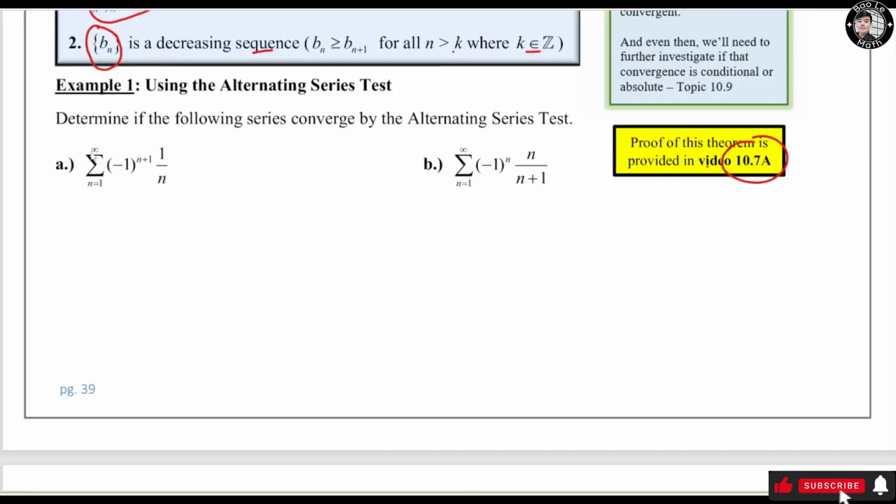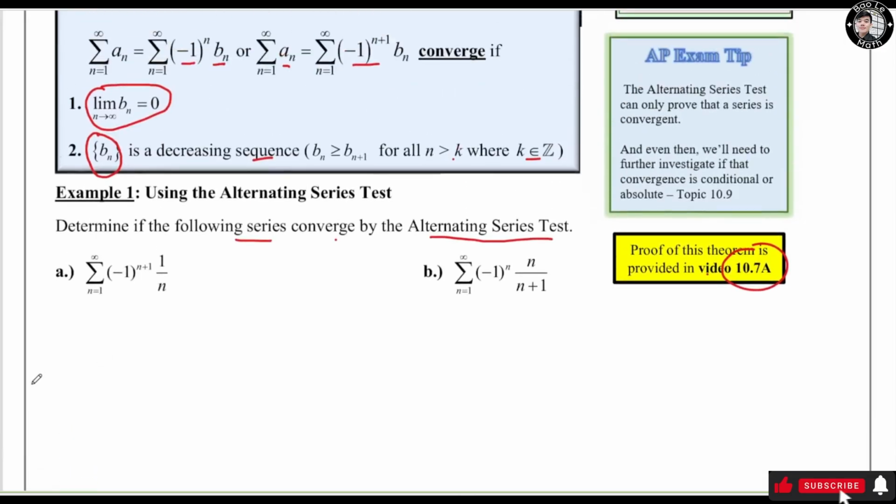Now, example number 1: determine if the following series converge by the alternating series test. So we look at the theorem right here. We need to verify number 1 and number 2. We're going to let this one right here be b sub n, and the whole thing I call a sub n.